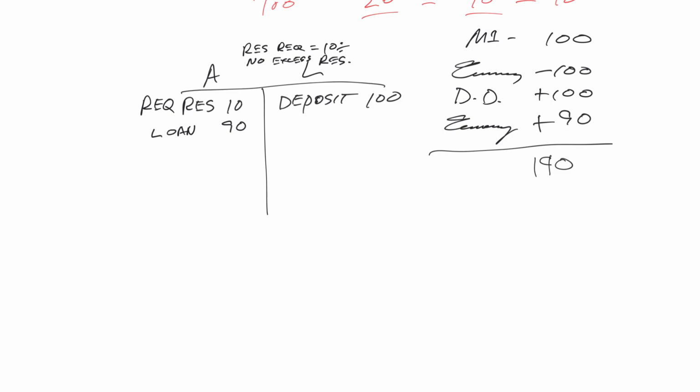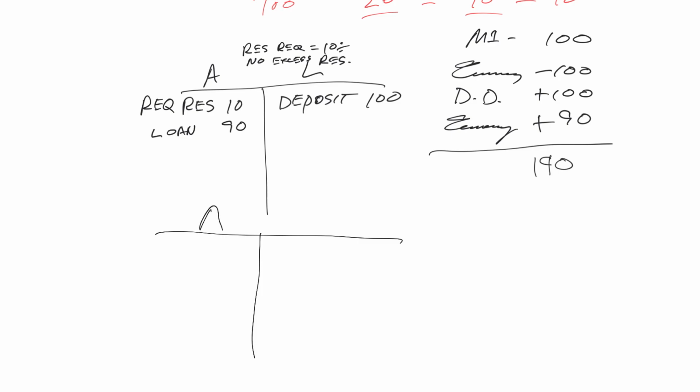Now, it doesn't stop there. Why was this loan made? Why did someone borrow that $90? Well, they're going to borrow it to spend it. So let's take a look.